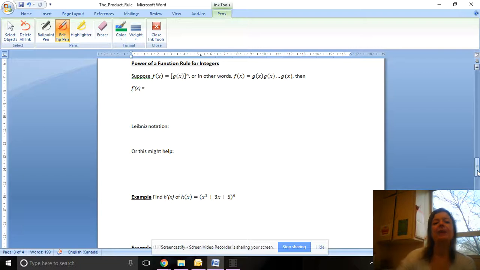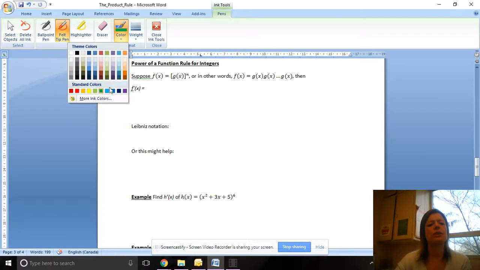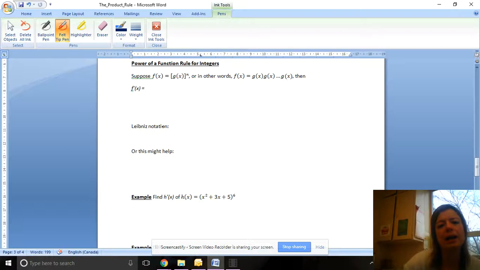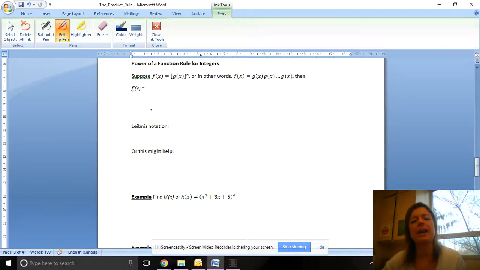So now we have the power of a function rule for integers. So this is when, if you look at this example below, you basically have a function to the power n. So what we are tempted to do here is just bring the n down and then subtract 1, just like we would for polynomials, but that's not quite what we have to do here.